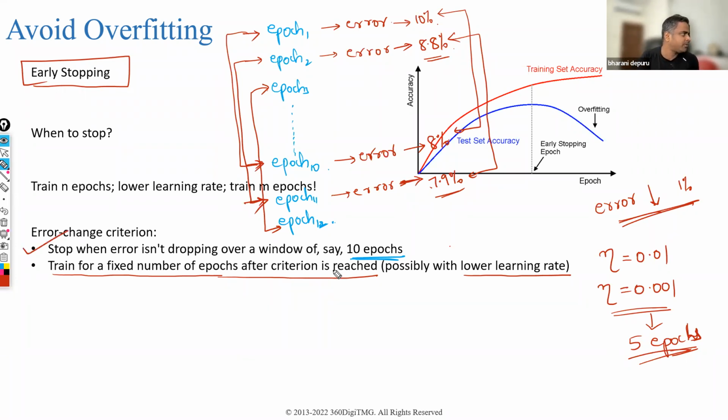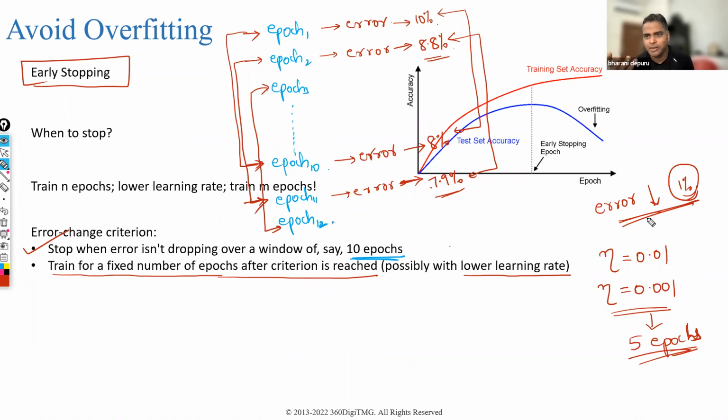Usually you stop when the error change percentage is less than your condition. If you put a condition that in a window width of 10 epochs, we want the error change rate to be more than 1%, then that 1% is something that we define. It is empirical. It is experimental. It's a hyperparameter, right?